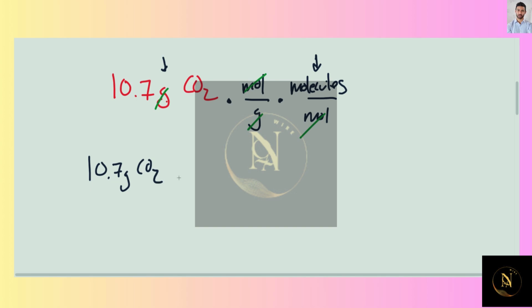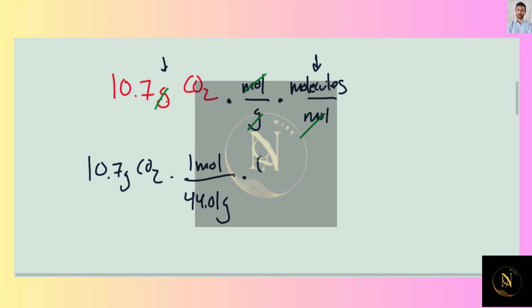Okay, so let's do that. 10.7 grams CO2 times, how do we relate moles to grams? That would be the molecular weight of CO2, which they did not tell us, which is inconvenient, so I have to look that up. Molecular weight of CO2 is 44.01. 1 mole has 44.01 grams. Okay, and then we don't want moles, we want molecules.